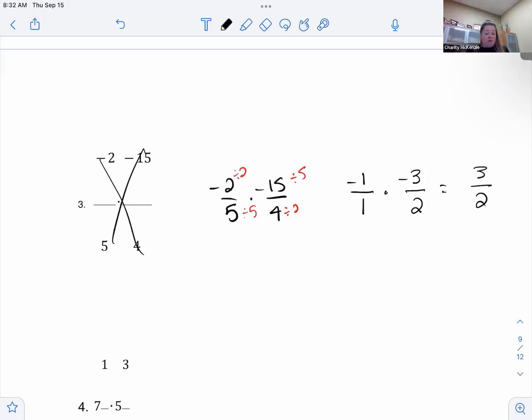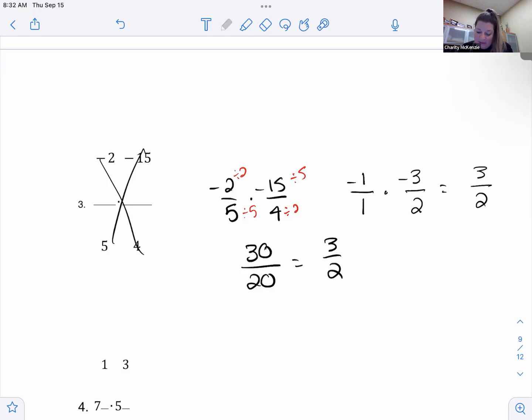And so pretty cool. I could just time straight across though, and I could have gotten negative 2 times negative 15 is positive 30. 5 times 2 is 20, and then reduce that fraction down. So you can deal with the big numbers, that's fine, but cross canceling is great.